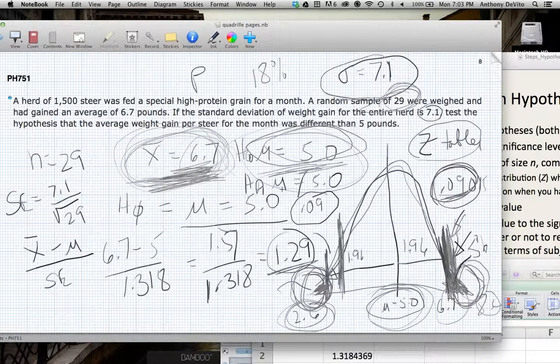We would expect 18% of the time to get results in a sample of size 29 this extreme, either lower or higher. In other words, from that population, we get that result, that extreme, for that sample size.